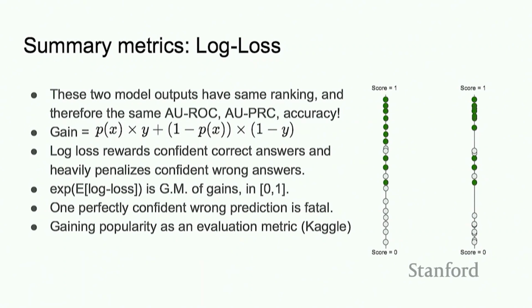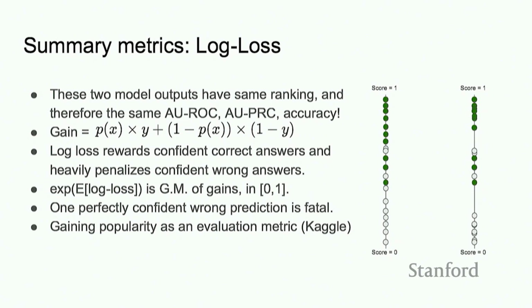It is this property that makes the model choose the actual probability value more carefully. This objective does not just look at whether the positives were higher and negatives were low. It also looks at what level of confidence the model assigned in each of these predictions.